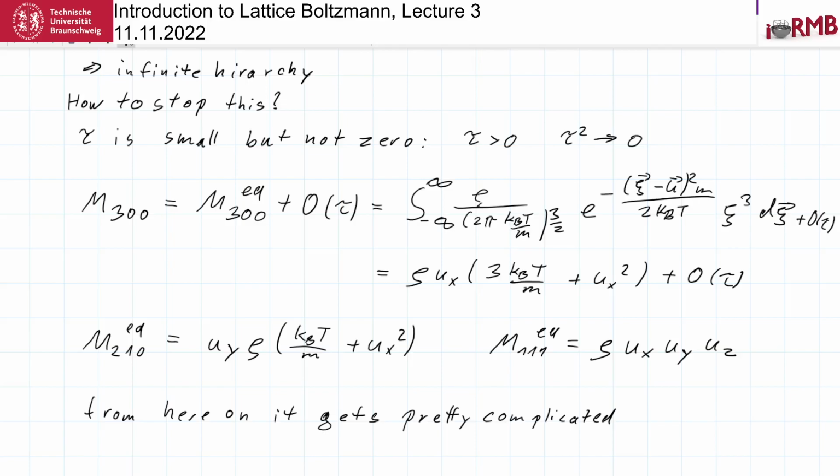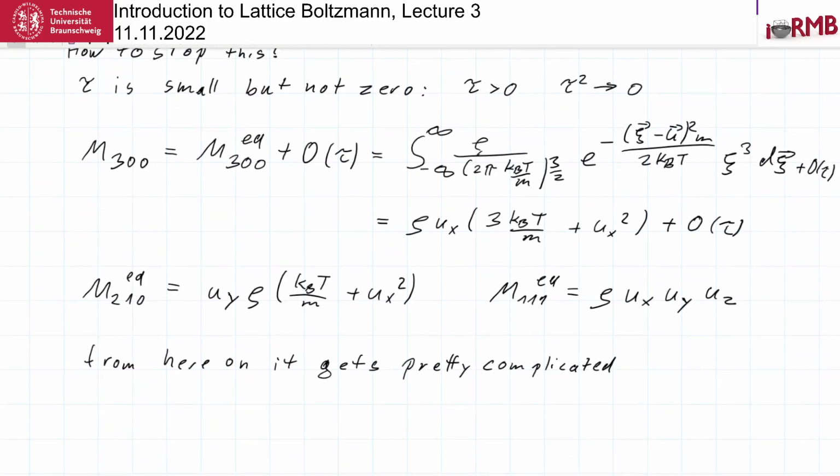One thing that is actually important to assume, when we already assume that tau square is equal to 0, is that temperature is constant, because otherwise we run into inconsistency.